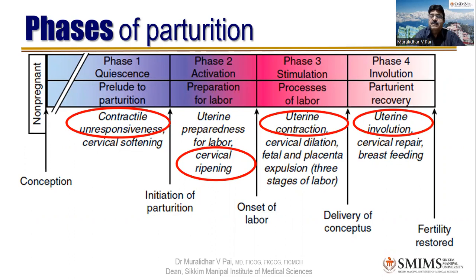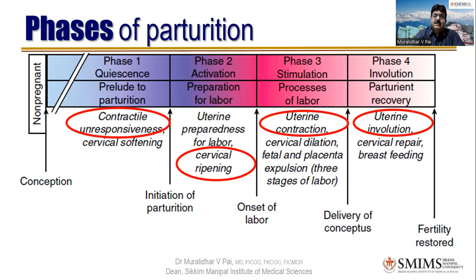Of course, it takes 6 weeks to do that completely. Even then, it may not go back to its gynecological size. Also, what happens in this particular phase is cervical repair. Suppose the cervix was not torn to an extent where you had to put stitches, but definitely the cervix has ragged edges and it has to heal itself.